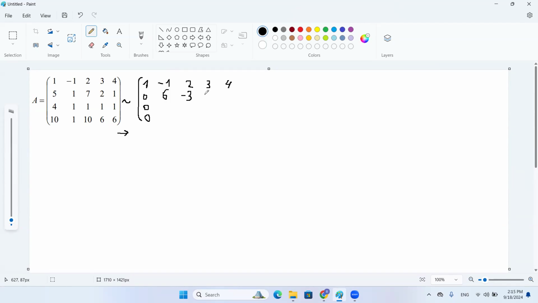-13. Yeah, -13. Here -19. Correct. Okay, this row, 5.